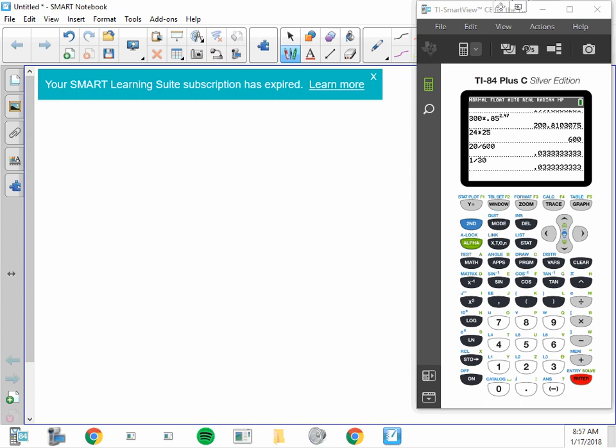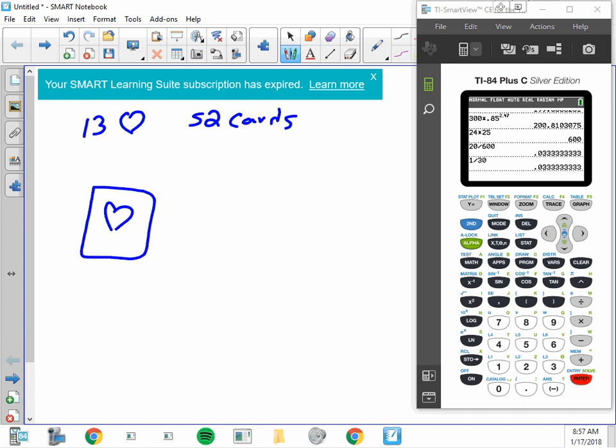What is the probability that the first card is a heart? How many hearts are in the deck? Ace through king is 13. So there are 13 hearts and 52 cards. What is the chance that this first card is a heart? 13 out of 52.